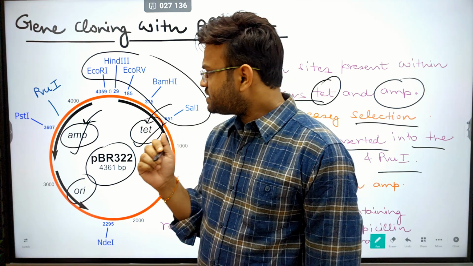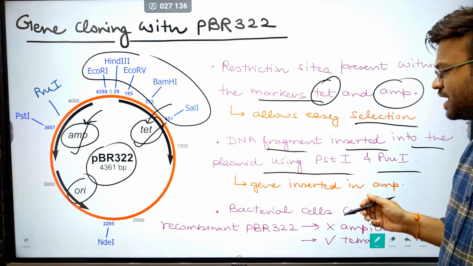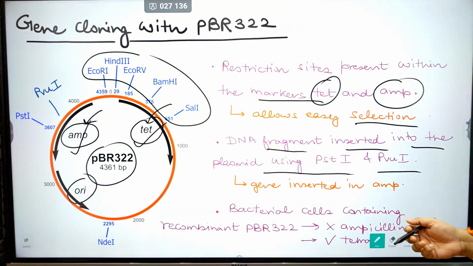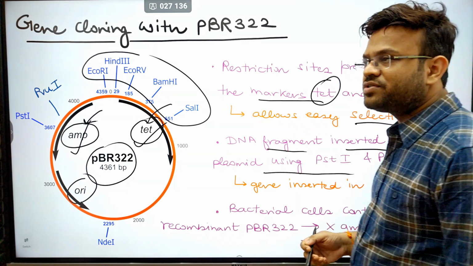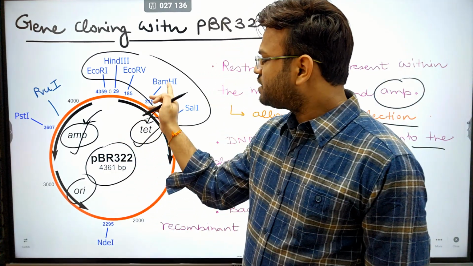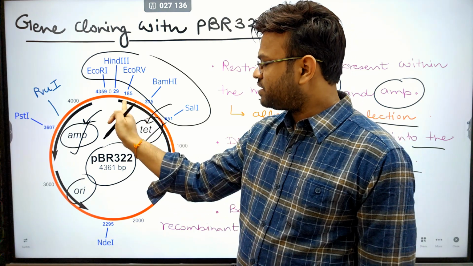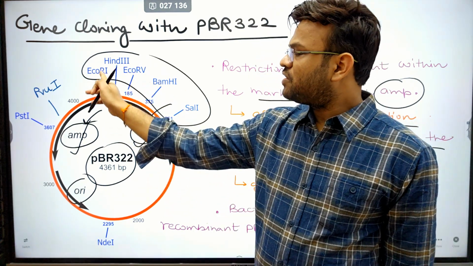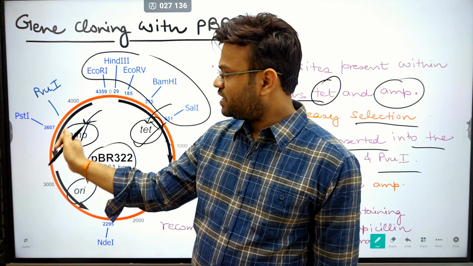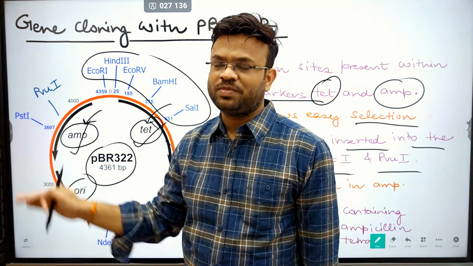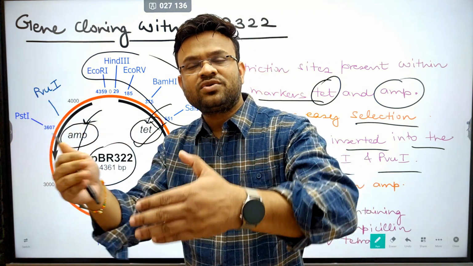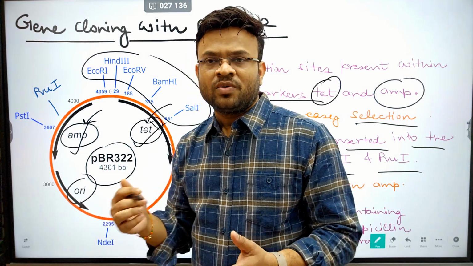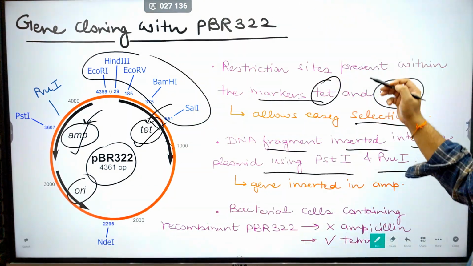Now, let us understand this: the DNA fragment, or rather the gene of interest that you want to insert, you can cleave this particular region by any of these restriction enzymes. So you can cleave this region by PstI or PvuI and then insert your gene of interest inside it. What do I want to say over here? Something like this.